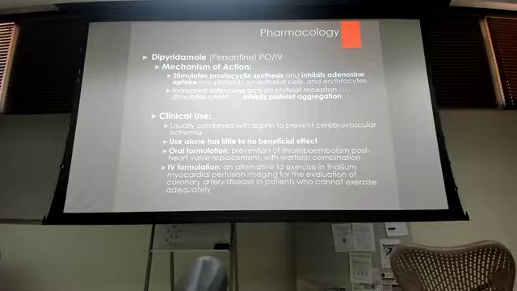So that's why it's in the class of other antiplatelets. It decreases aggregation by those two actions, which I won't test you on the mechanism, just know it's another antiplatelet that decreases platelet aggregation. It's very weak as an antiplatelet in monotherapy, but it is combined with aspirin for secondary stroke prevention.